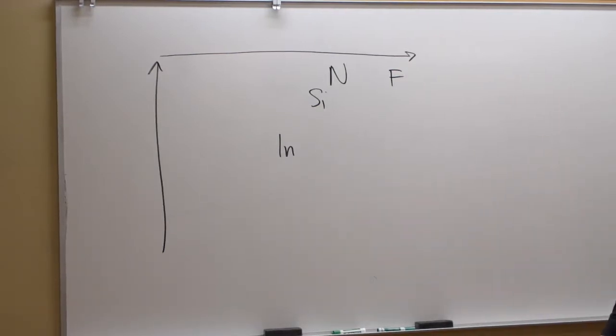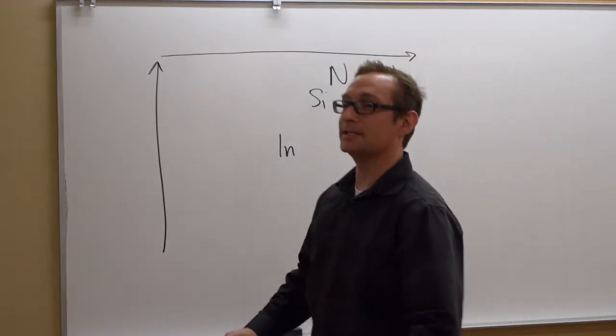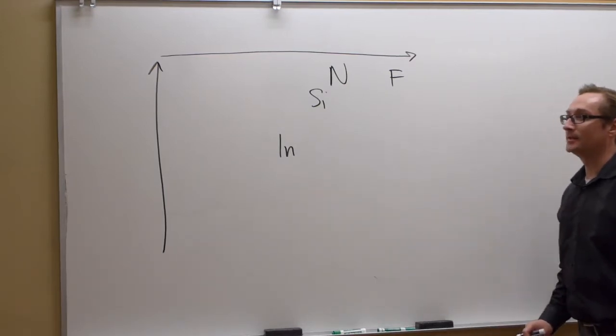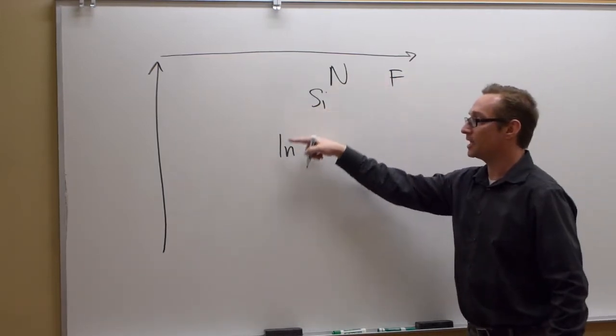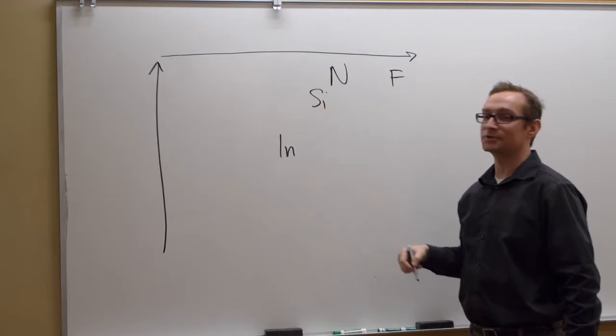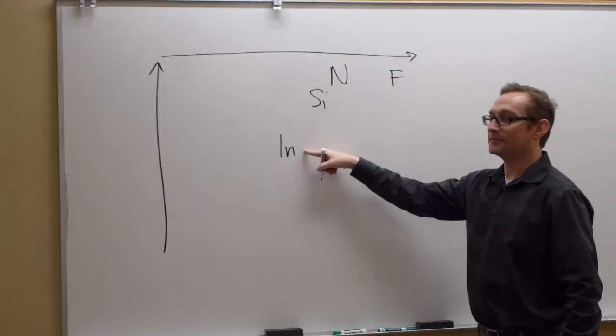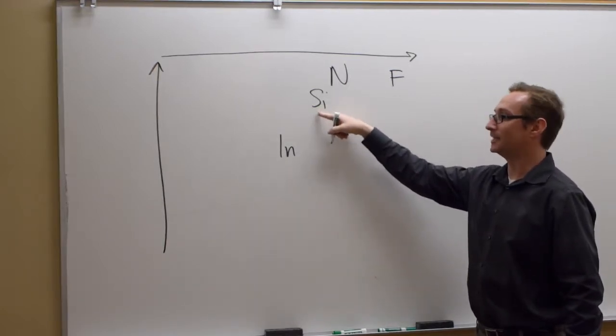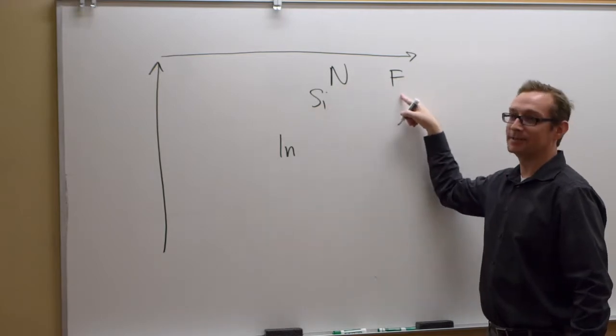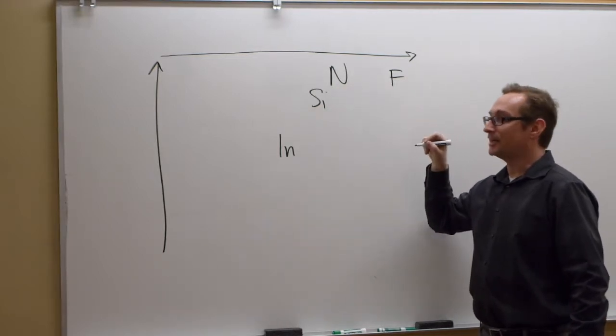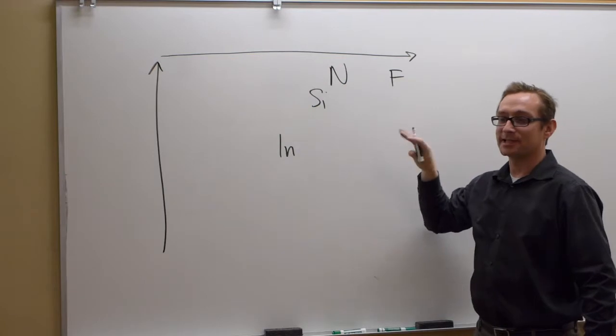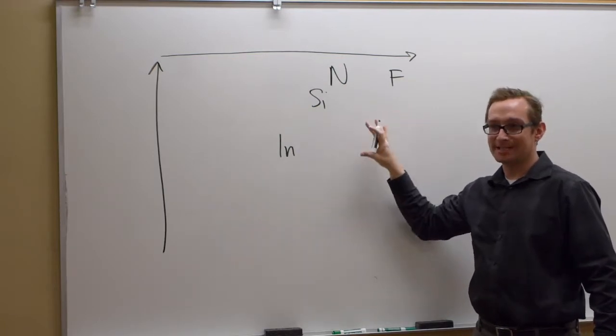All right, so arrange them in order of increasing ionization energy. Which one of these elements has the lowest ionization energy based on the trend? This guy, followed by him, followed by him, followed by him. Do you think it's a lot easier doing this chart and then superimposing them? I think it helps you see it, right?